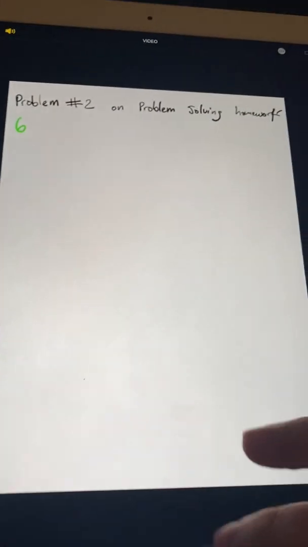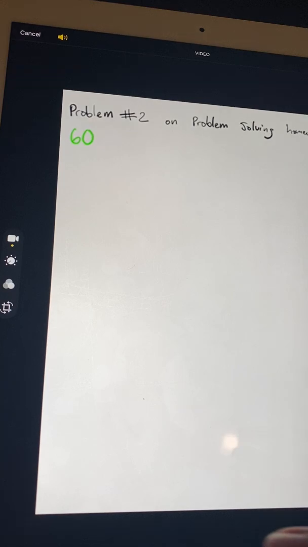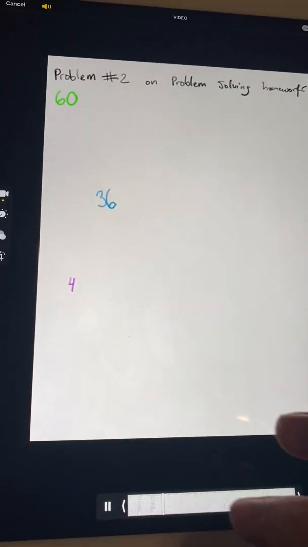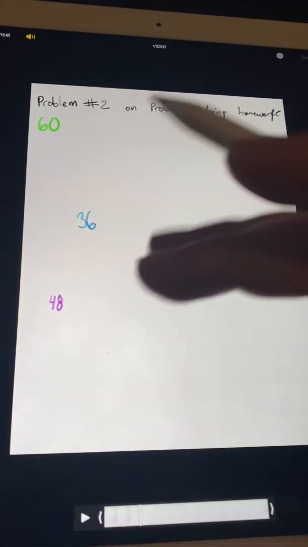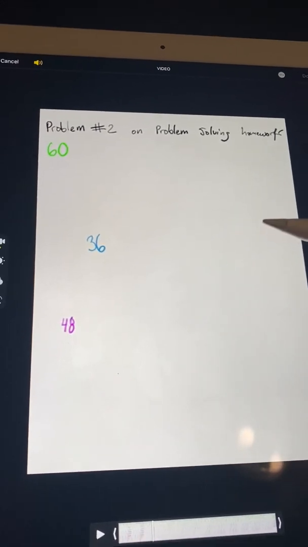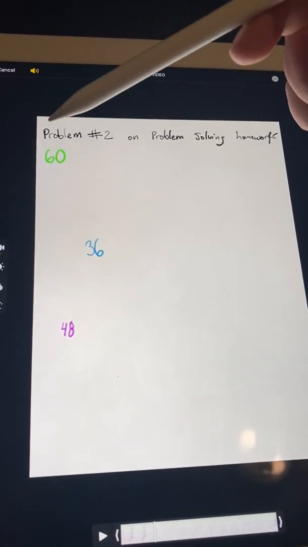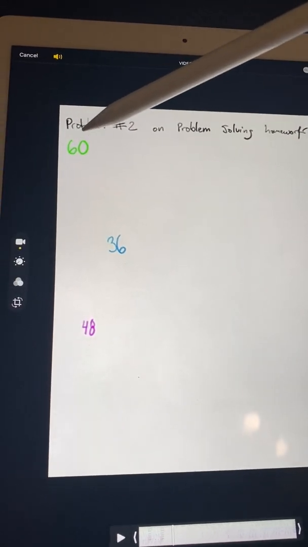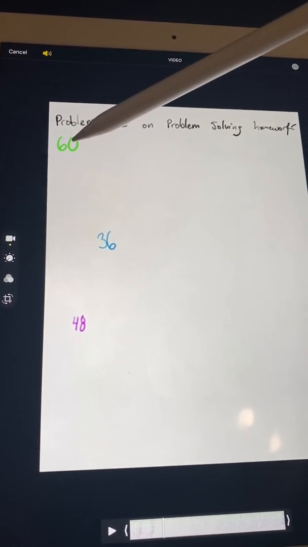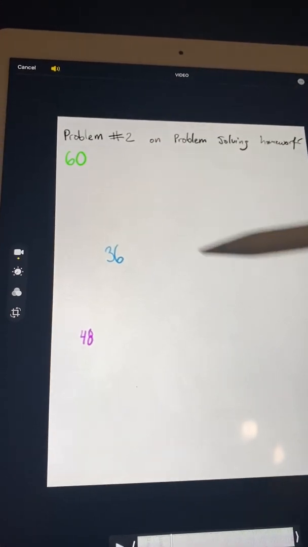So what I did here, I put the 60, I put the 36, and I put the 48 all separate. And now, since you're trying to look for the common factor, basically what that means is you're trying to look for common numbers that are divisible on all of these.